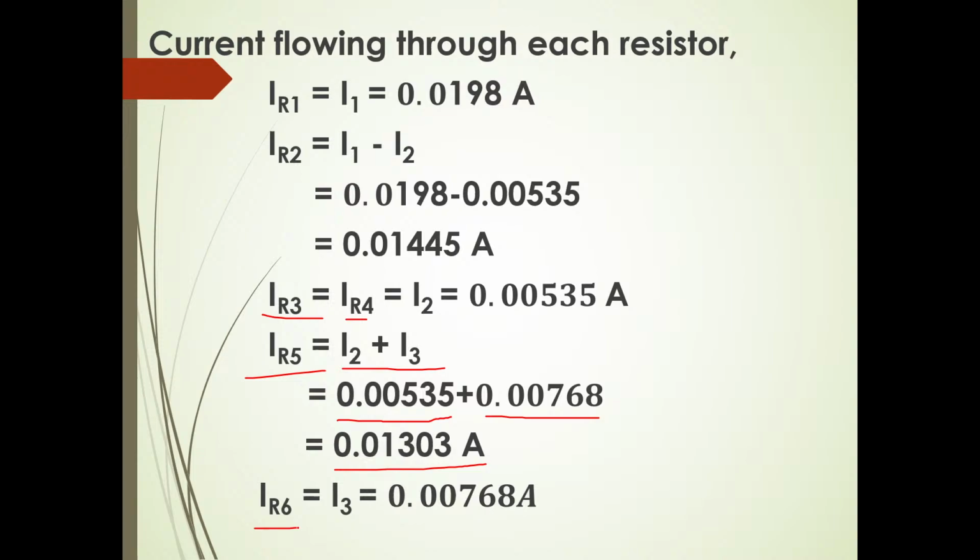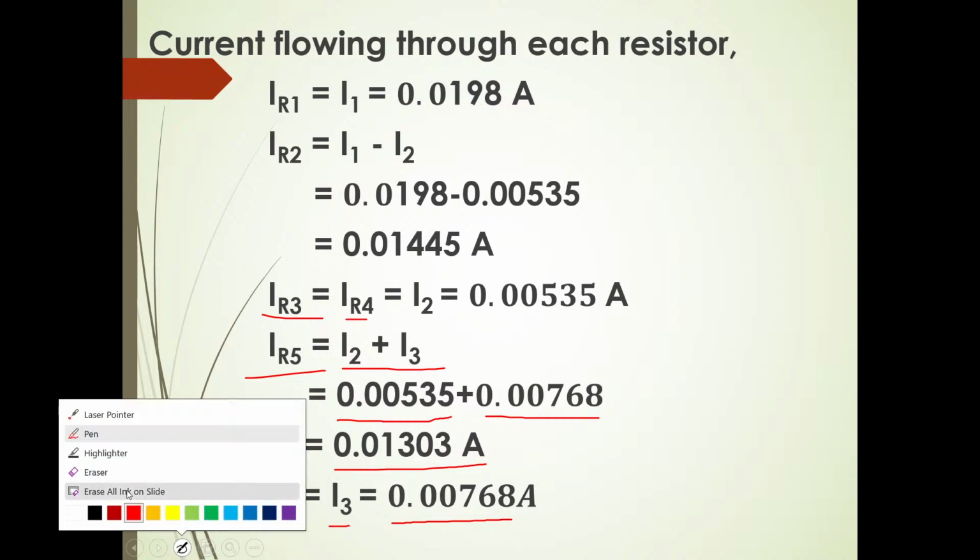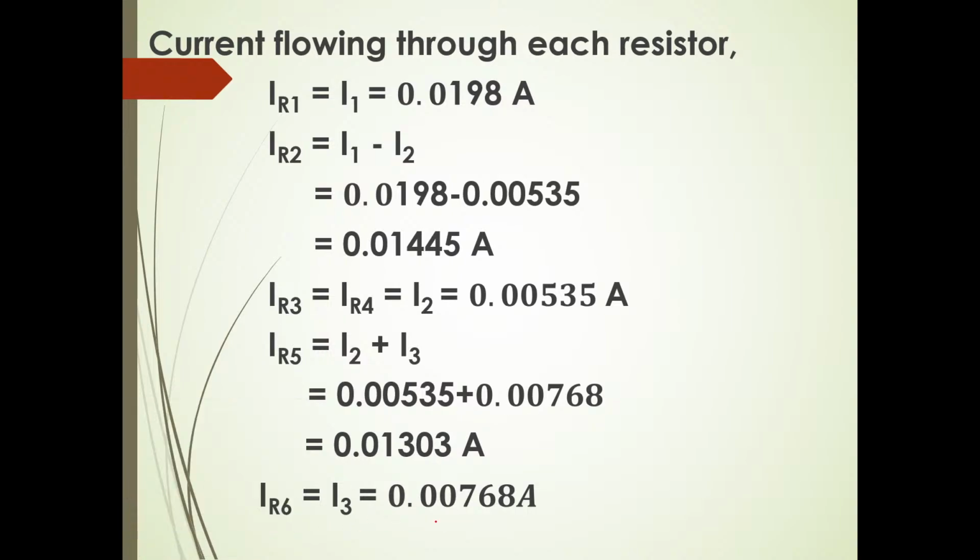So what about the current flowing through R6 resistor? Current flowing through R6 is nothing but I3 current. So I3 current is how much? 0.00768 amperes. So this is it. These are all the currents through each resistor.